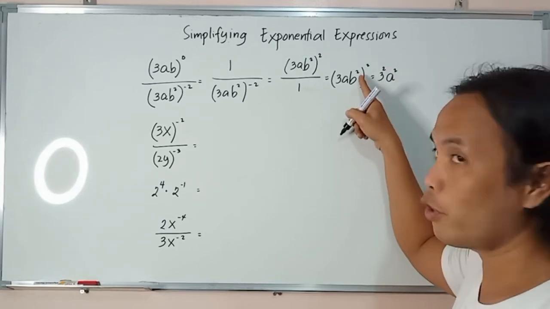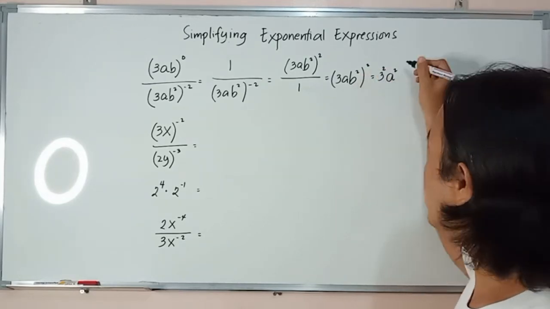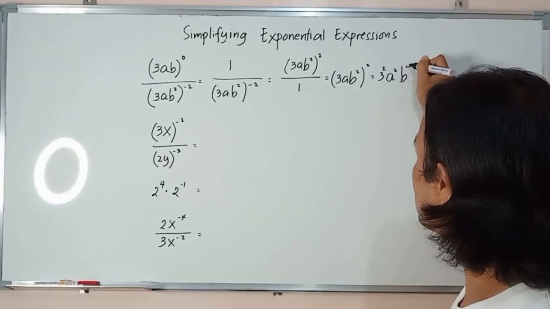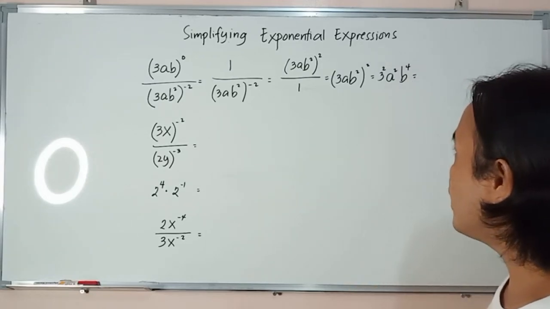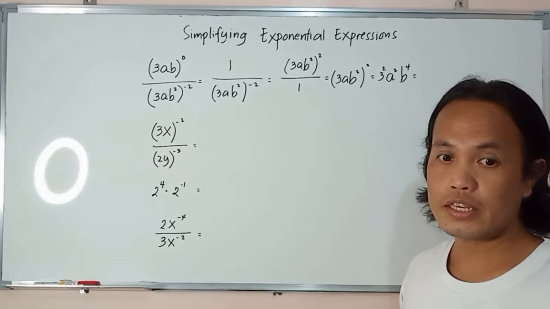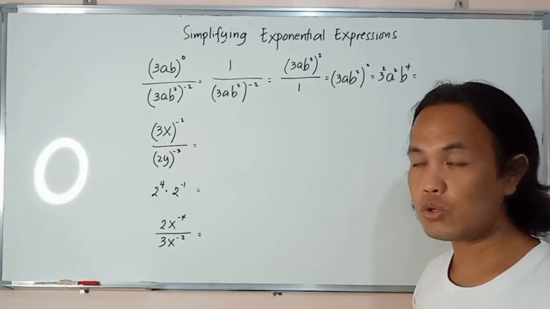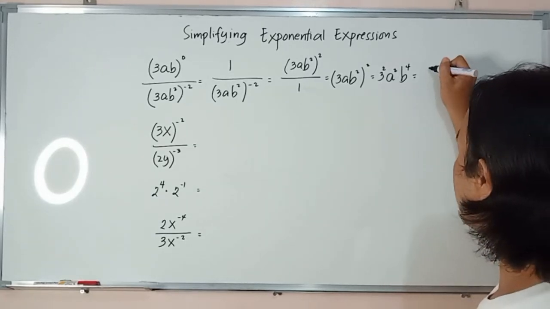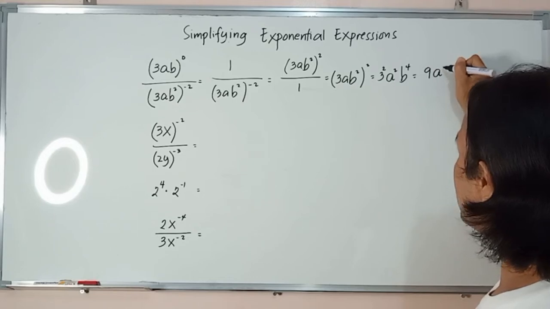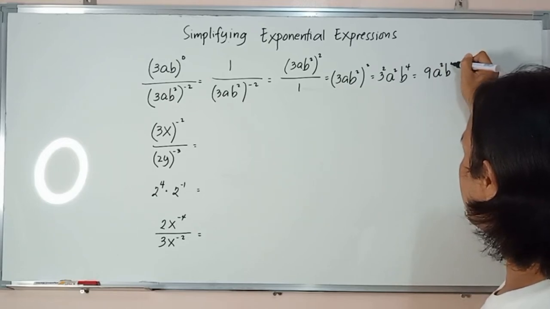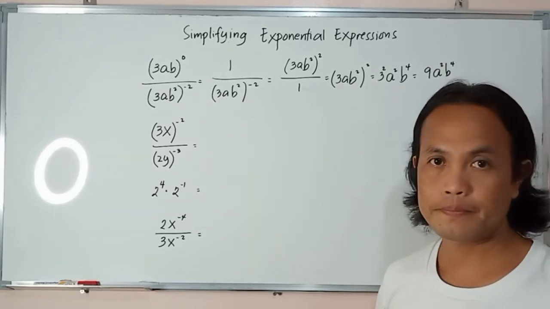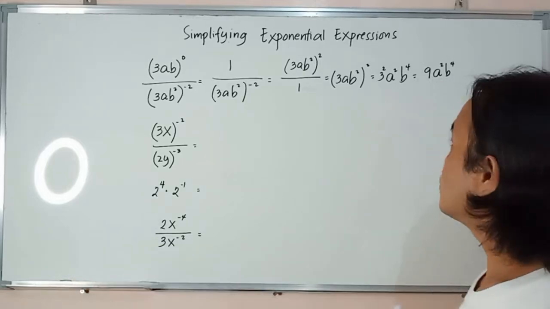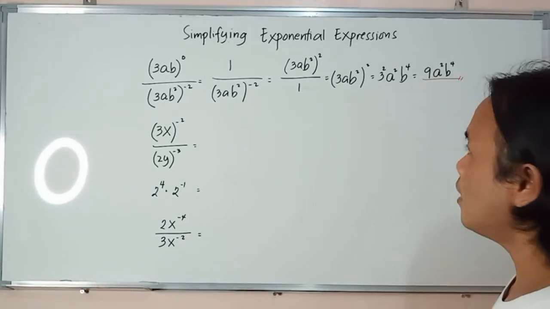Then we have b, the exponent of b is 2, times 2 is 4. So we have b raised to 4. Then we simplify. 3 squared is 9. So our answer would be 9a^2b^4. So this is now our final answer.